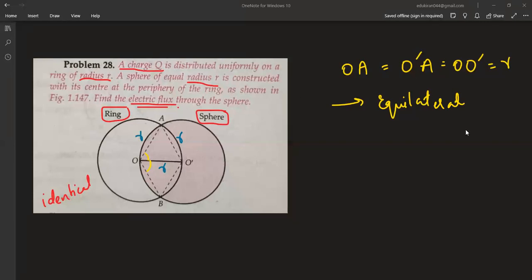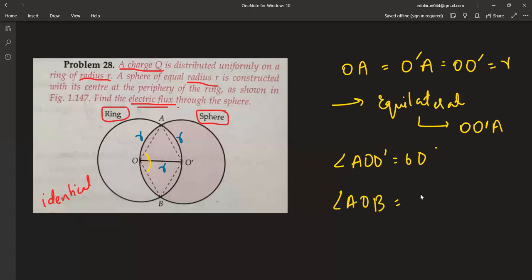Which triangle are we talking about? We are talking about O dash A, an equilateral triangle. So angle O dash is 60 degrees, and the bigger angle, angle AOB, will be 120. So I hope the geometry part is clear to all of you.